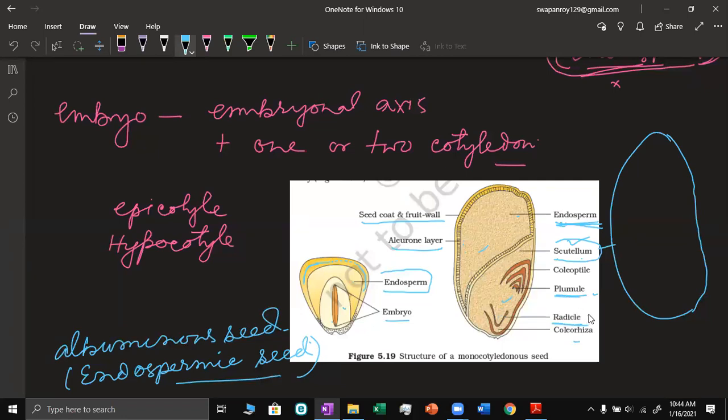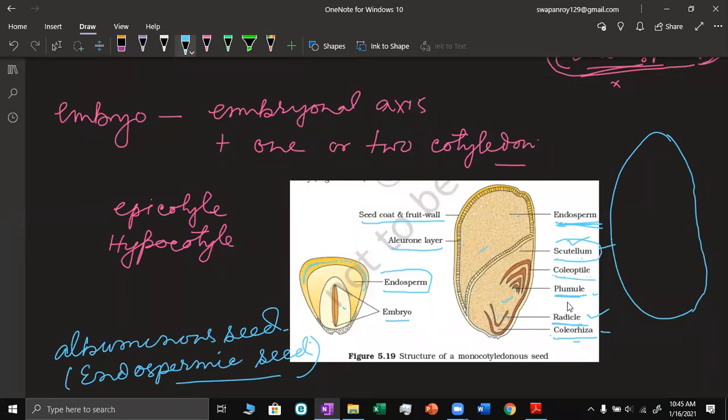This membranous covering of the radicle is known as coleorhiza. Rhiza means root. And the membranous cover of the plumule is known as coleoptile.